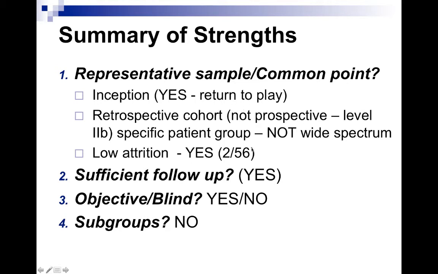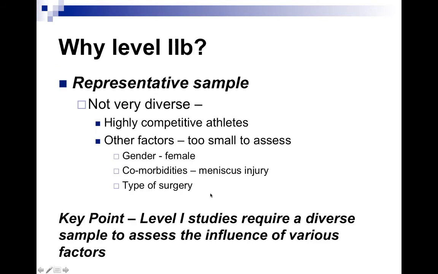So on this rate, we have fairly good confidence in the sample, with the exception that some variations in the disease aren't taken into account. There was very low follow-up loss. It was objective, but there was no blinding, and there was no subgroup analysis. So we can see the pluses and minuses here.